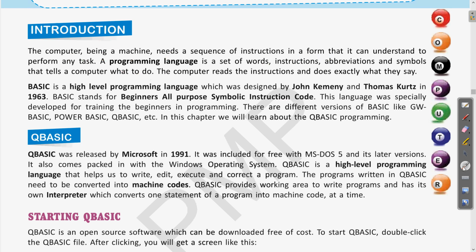So let us see first what is a programming language. A programming language is a set of words, instructions, abbreviations and symbols that tells a computer what to do, clear. We all know that for any work we need some language, as we use English, Hindi, or any other language, clear.